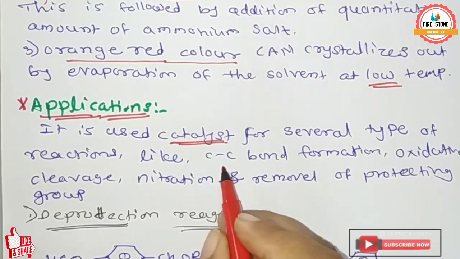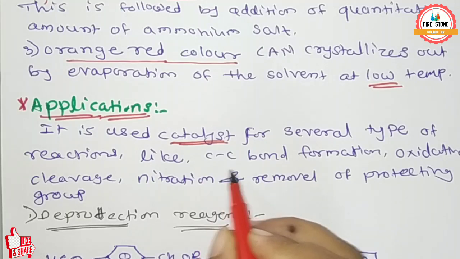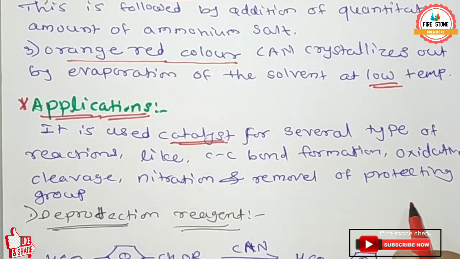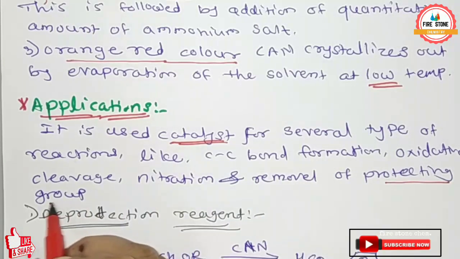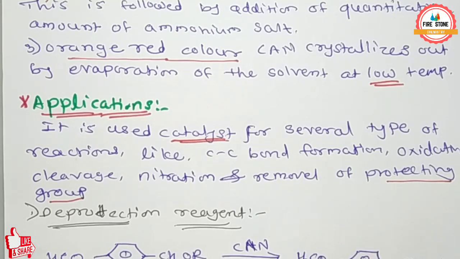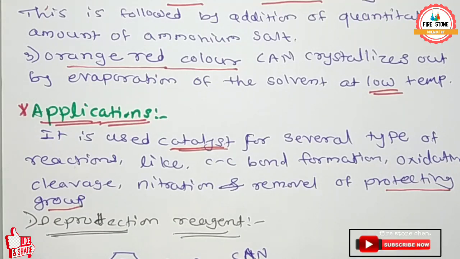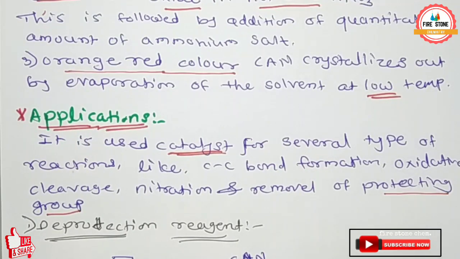The reactions that can be done in presence of the catalyst CAN are carbon-carbon bond formation, oxidative cleavage, nitration and removal of protecting groups. Protecting groups are groups used for the protection of alcoholic OH or NH2 groups, which can be protected by various reagents for a specific reaction.